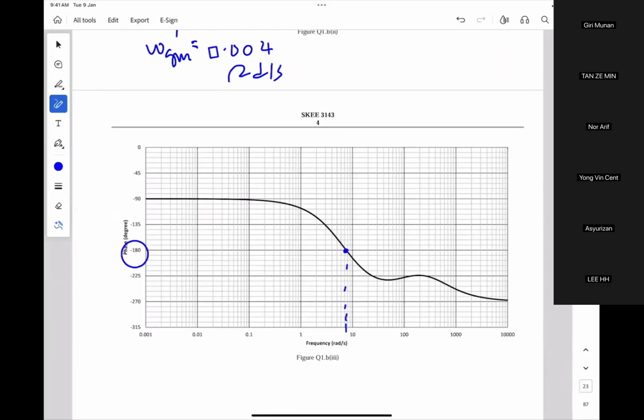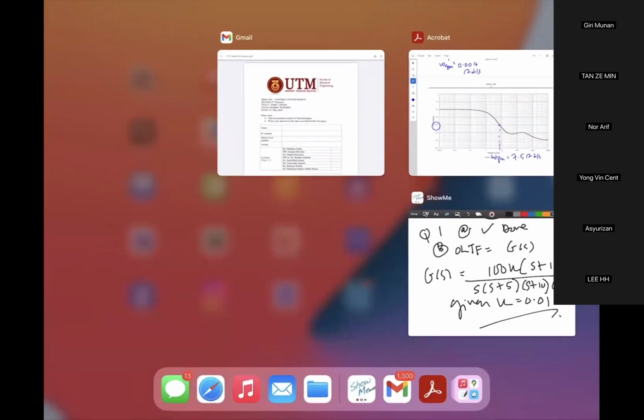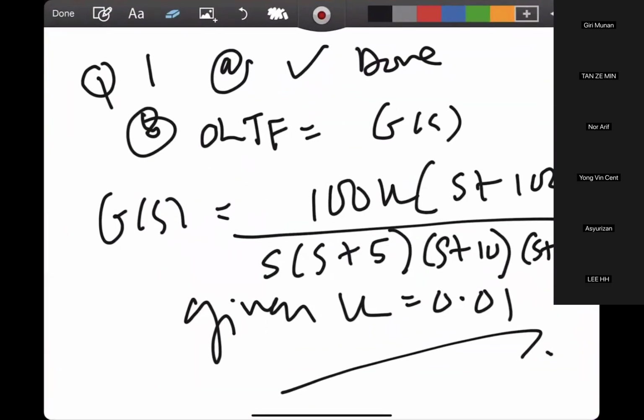Amira Suraya, 8. In English, please. 8 radians per second. This is not a Malay class. Omega PM 7.5. Okay, write it down.